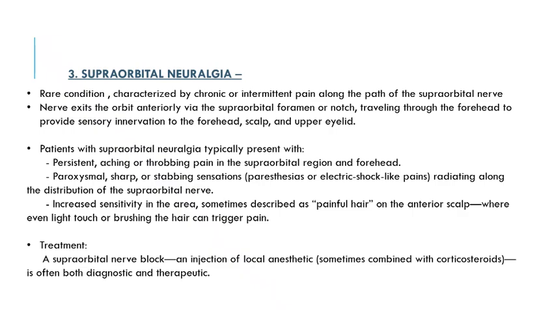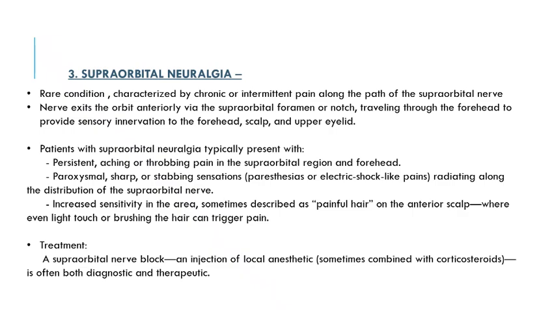Supraorbital neuralgia is a rare condition characterized by chronic or intermittent pain along the path of the supraorbital nerve. The nerve exits the orbit anteriorly via the supraorbital foramen or notch, traveling through the forehead to provide sensory innervation to the forehead, scalp, and upper eyelid.